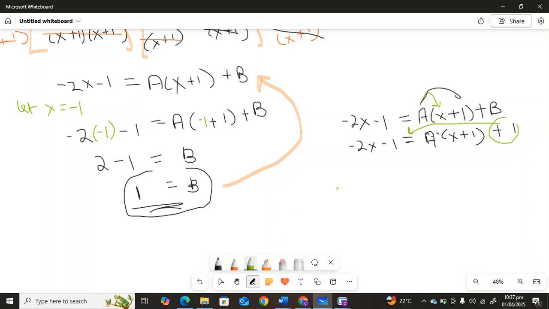So that you have negative 2x minus 1. Then this positive 1 comes here, it becomes negative 1. Then you have an A x plus 1 here. So negative 2x minus, so this negative 1 minus negative 1, that gives us negative 2.